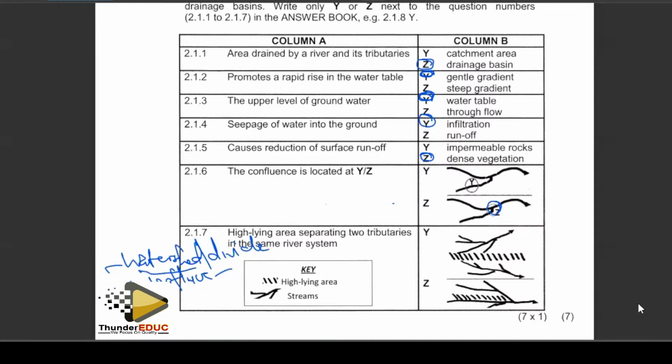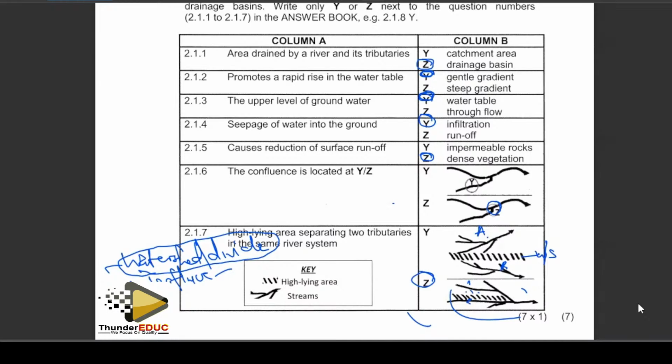Then a watershed completely separates two river systems or two drainage basins. So which one is a splitting of two streams within the same is this one here. This is a watershed. It's separating this river system. It's river A on its own, river B on its own. But this is one river system with this high-lying area splitting tributary 1 from tributary 2. So it's Z as the correct response for that one.